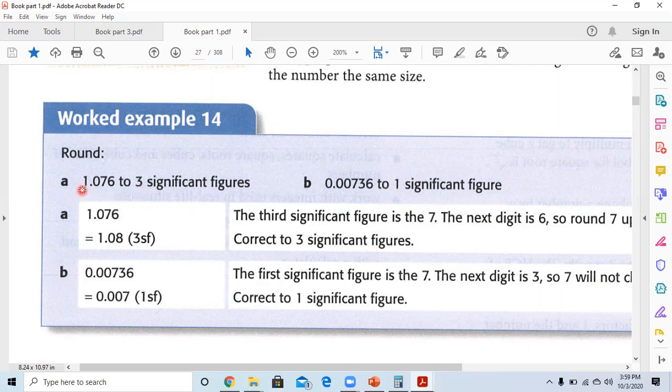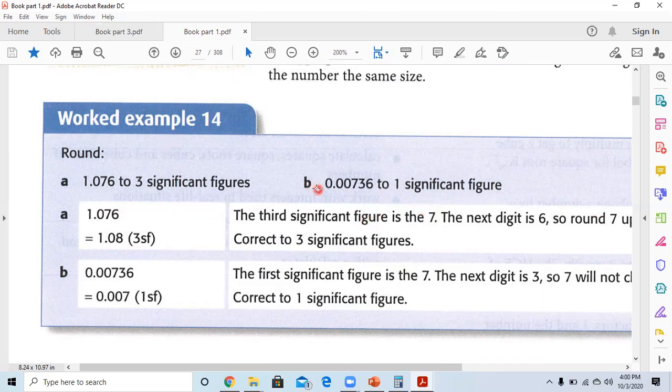So here I count 1, 2 and 3, so we check the fourth number. What is the fourth number? It's 6, more than 4, yes, so we add 1: 7 plus 1 is 8, so the answer is 1.08. So that is three significant figures, and here one significant figure, don't mix this up, class. Significant figures mean the total number of digits.